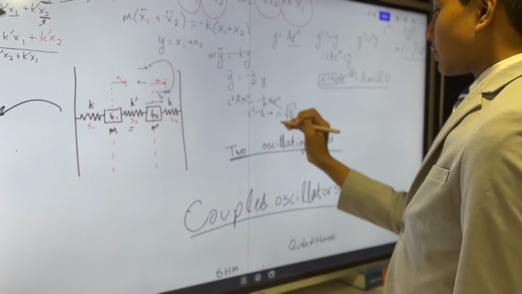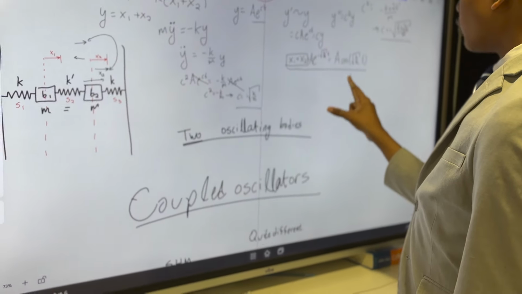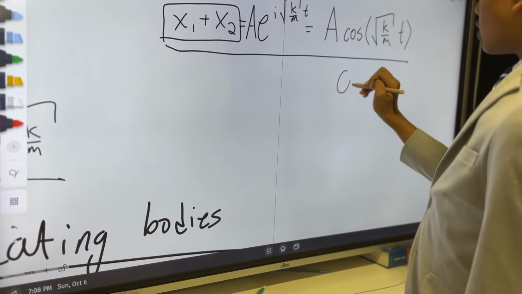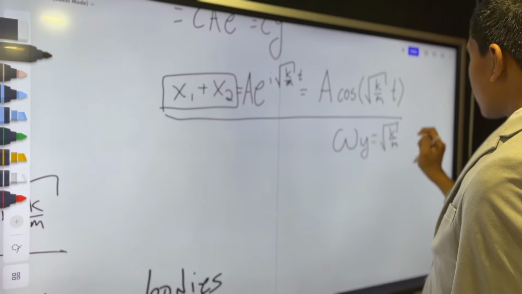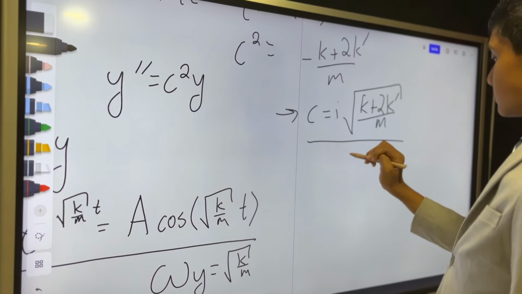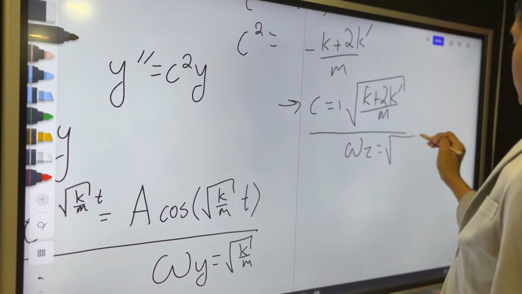All right, so in the same fashion, first of all, we can see that this frequency is clearly very different from this frequency. So I'm going to term omega y as this frequency right over here, and omega z as this frequency right over here.